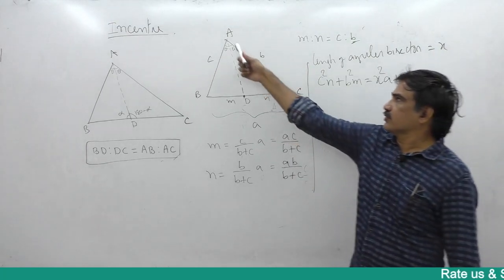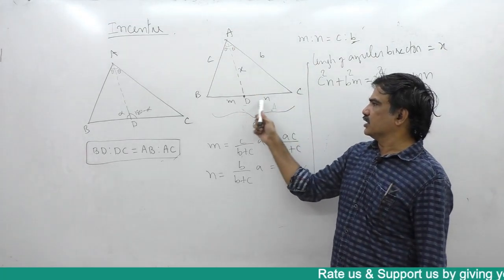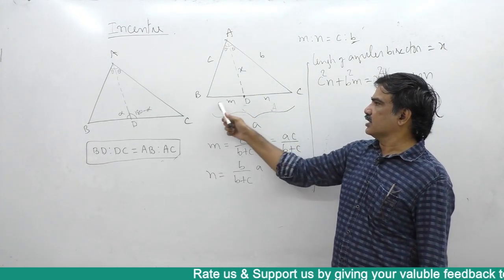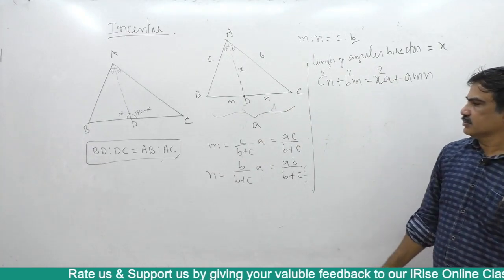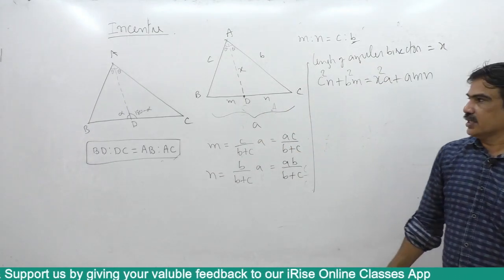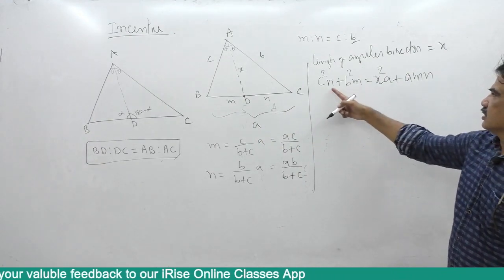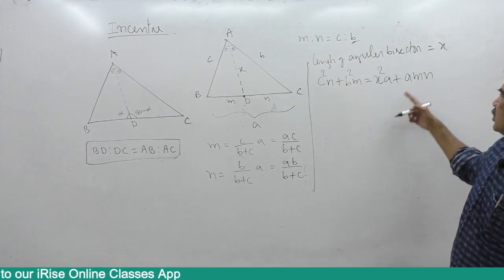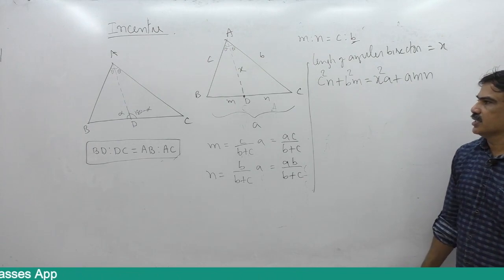If any line is drawn from A which meets the opposite side in two parts, M parts and N parts, then c square N plus b square M is equal to X square into a plus aMN.